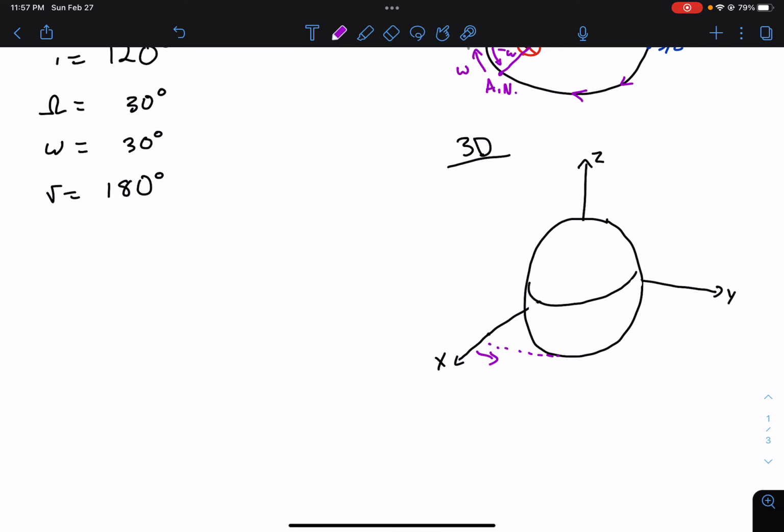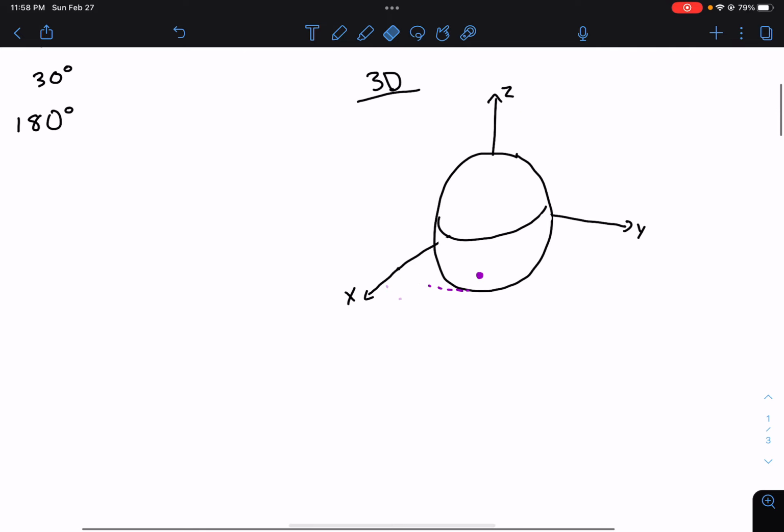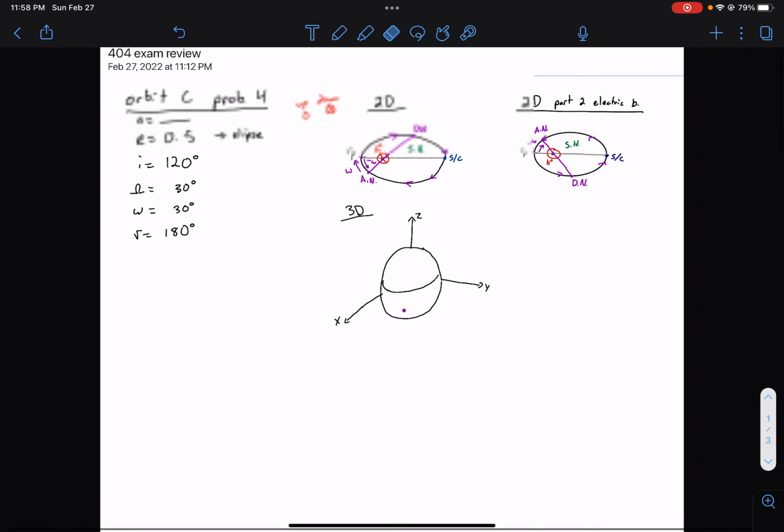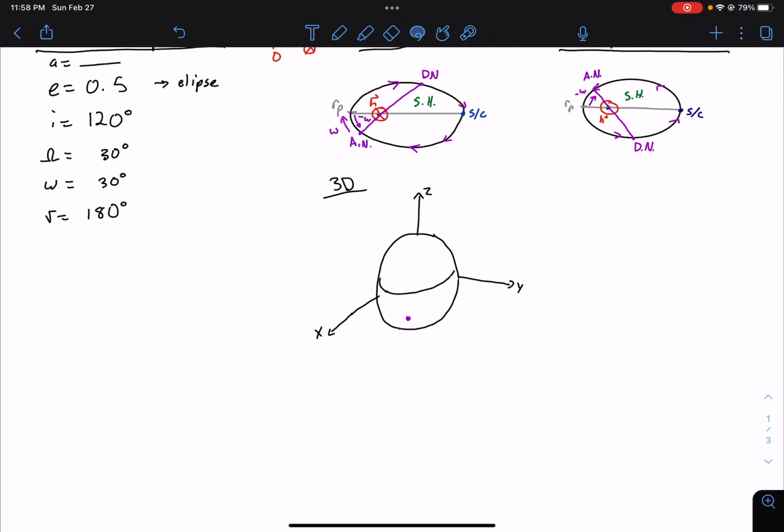Now I'm going to move that off the Earth so you don't get confused. That, as a random point in space, is about 30 degrees from the x-axis, in this direction, and that is labeled the ascending node.